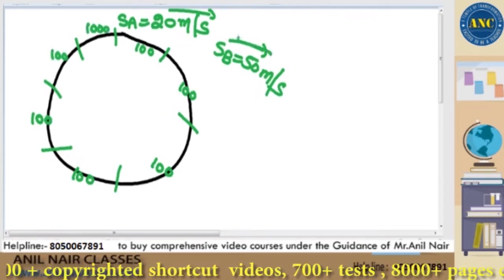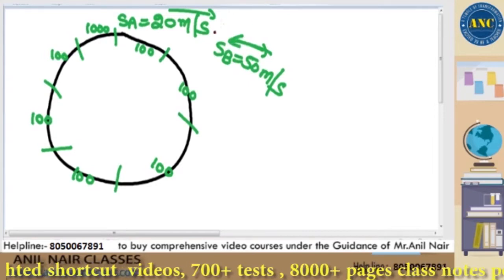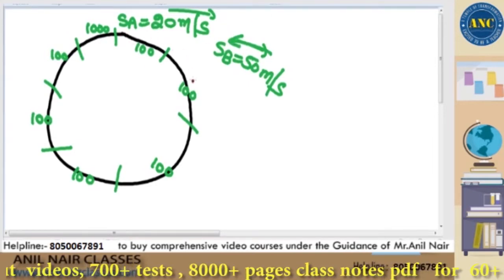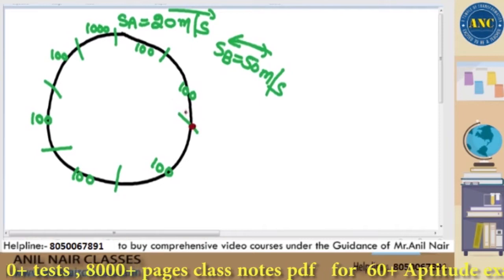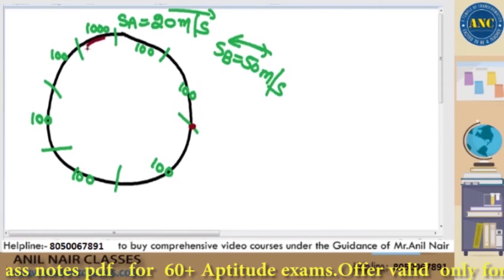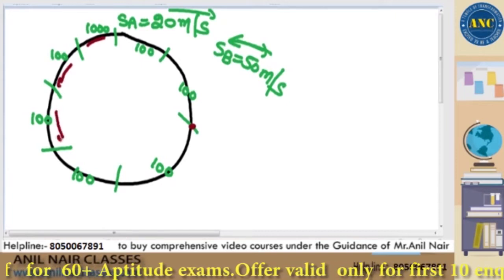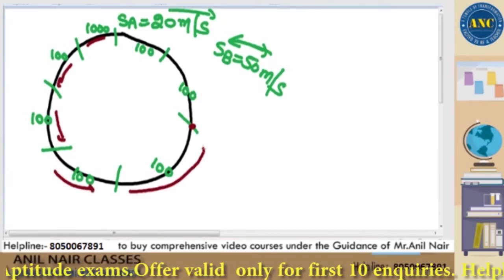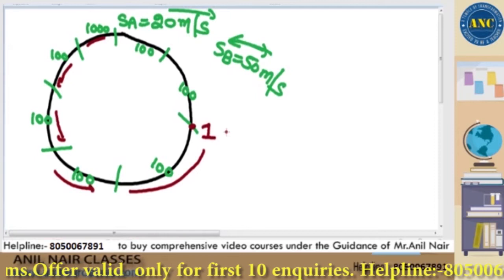It is the opposite direction, right? Now, see here, A will travel 200, 100 plus 100 here. B will travel 500, 100, 200, 300, 400, 500. This is the first meeting point.